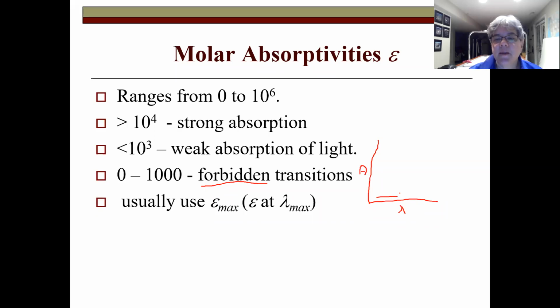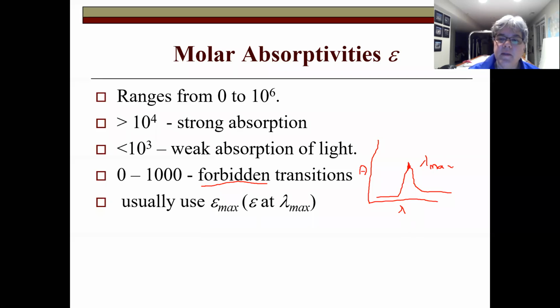So I measure my spectrum and I get this peak. So usually we want to look at this number right here. Okay, this is lambda max. And we will use the molar absorptivity at that number. Now, why do we use lambda max? Okay, why do we use lambda max?